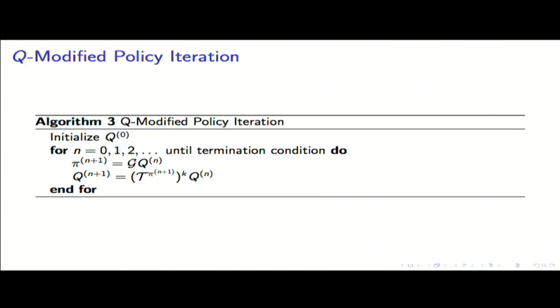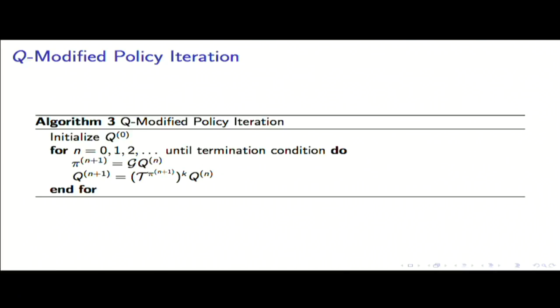And we can also do the same kind of thing with modified policy iteration. In modified policy iteration, instead of solving for the exact Q function of the policy, you apply k Bellman backups using the backup operator T pi. Remember that if we apply this operator T pi an infinite number of times, we get Q pi.